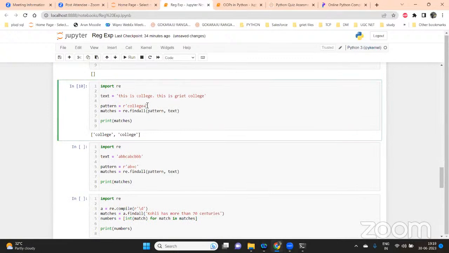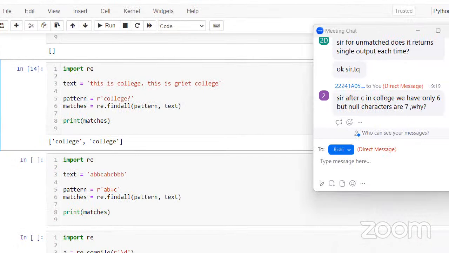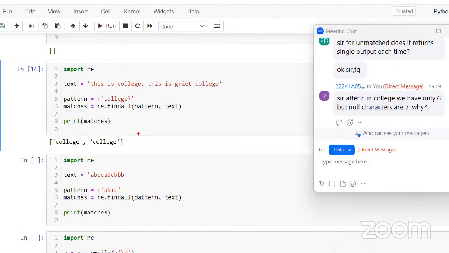Suppose you don't want that, what can you give? Does it work? So at least one we are telling, no? 0 or 1. Yeah, this one, why will this not work, even though I've given a question mark here?